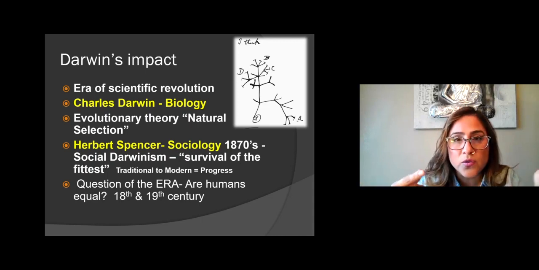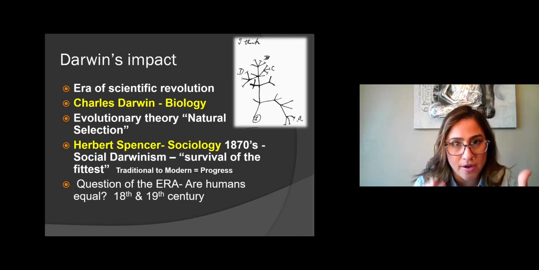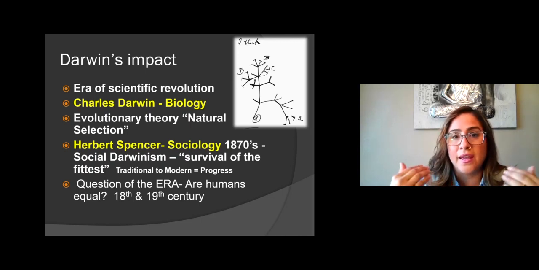Because from this, we're going to see how these ideas of categorizing humans in a hierarchy work. In the case of Herbert Spencer, we have the hierarchy based on the economic system, and so forth.